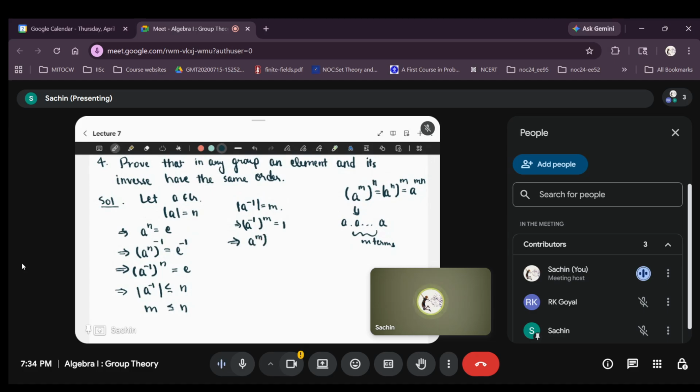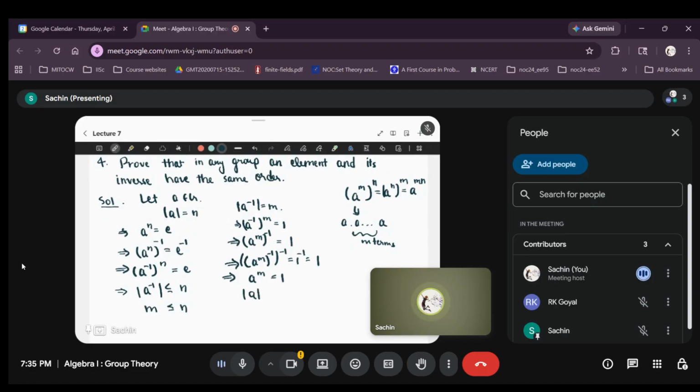Here simply A power m inverse is 1. Here I am just swapping the exponents first. Then I'll take the inverse again. But if you take the inverse twice, you will get back the original element. So A power m is 1.